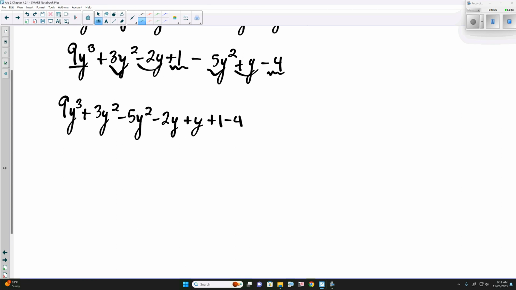Does that make sense? It's just a way for me to keep track of terms. Now for this here, since we only have 2, 4, 6, 7 terms, it's not too bad. I did this a lot of times, especially when we were combining like terms with 14, 20, 26 terms. It can get a little confusing.